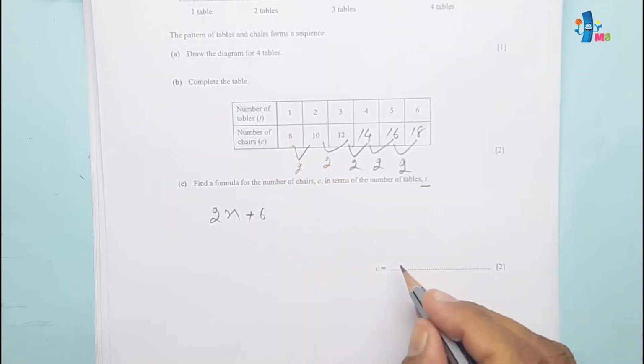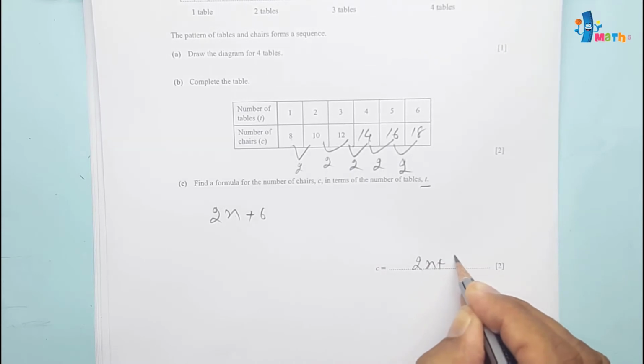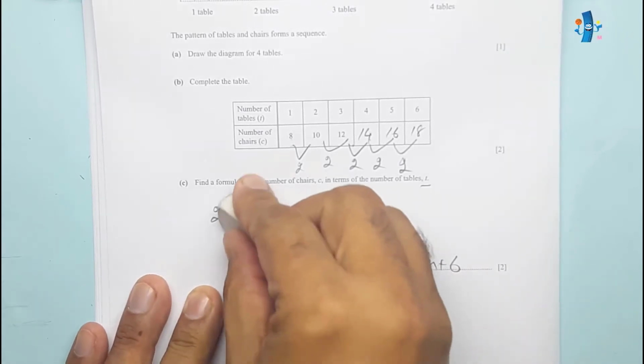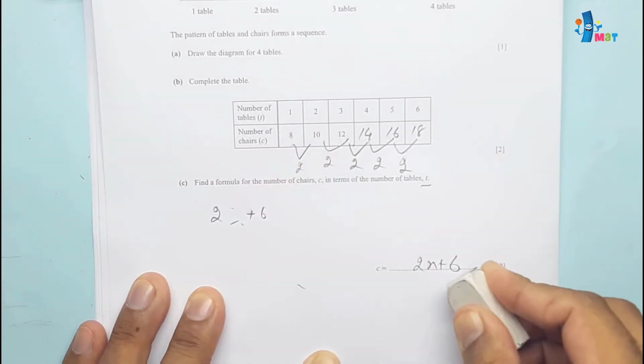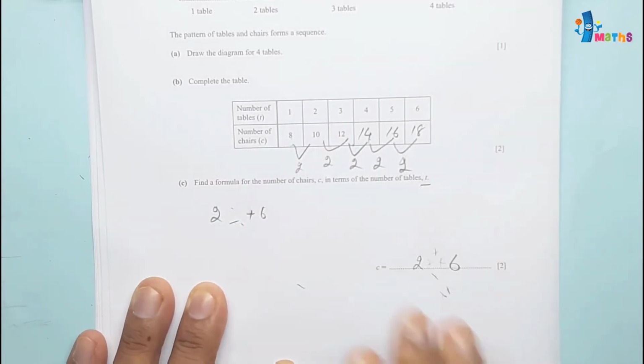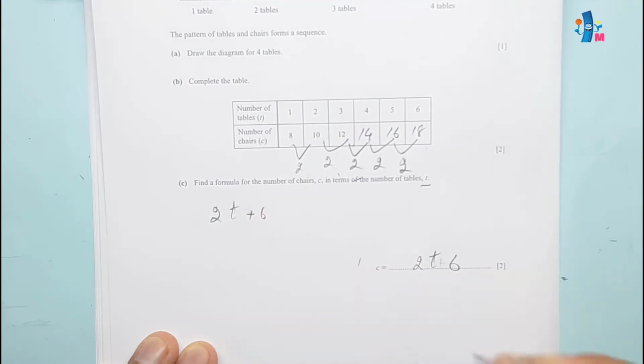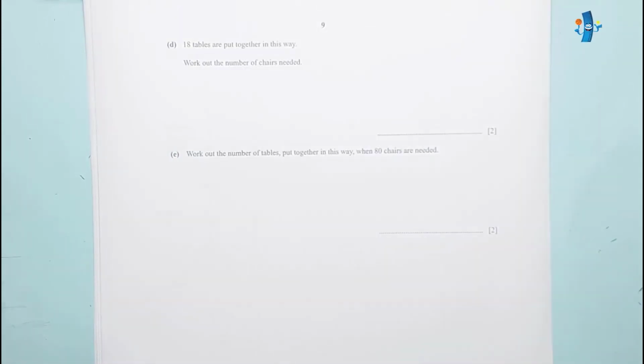So 2n plus 6 will be our formula. Basically not n, they are asking for t, so we use the same letter. So 2t plus 6 will be our general formula for the t term.